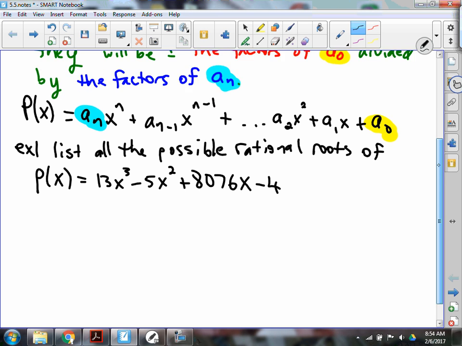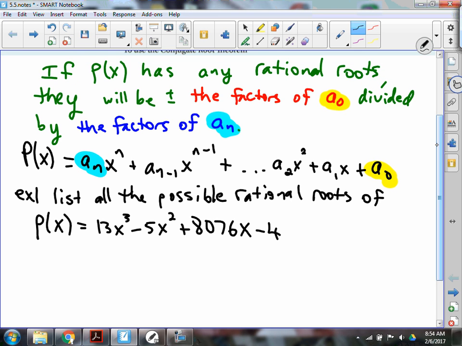So according to this theorem, if this polynomial has any rational roots, what we're going to have to do is look at the factors of a sub 0. So what is our a sub 0 in this particular instance? It's the 4. Plus or minus 4, you don't really need to worry about the sign. Now remember, the theorem says we got to look at all the factors of that.